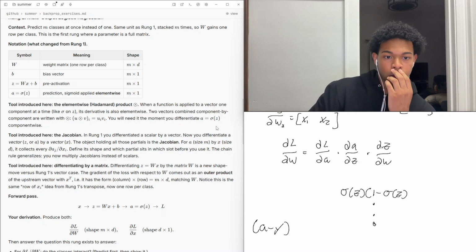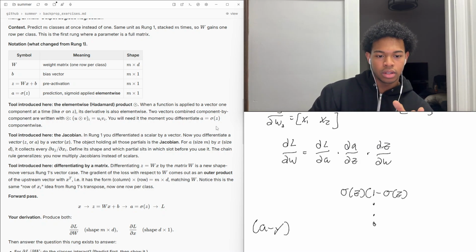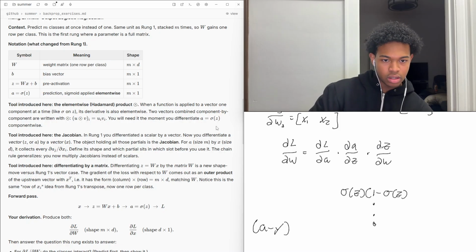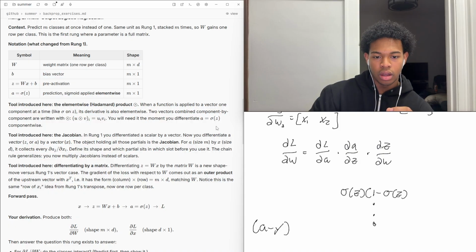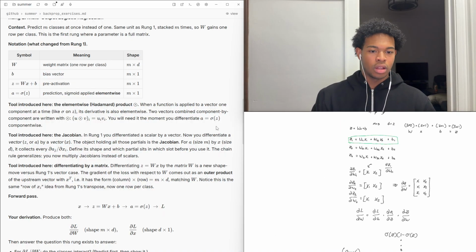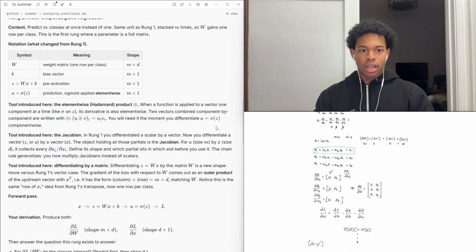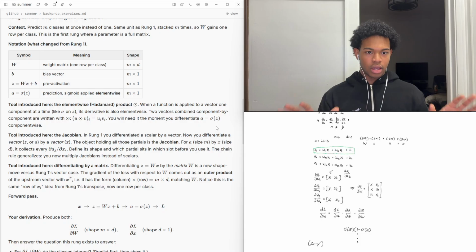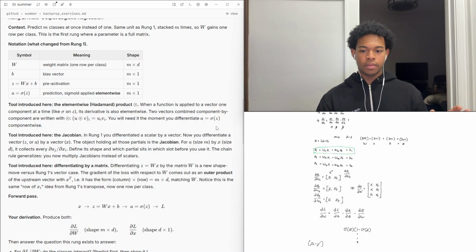Which is a scalar. So scalar times vector times matrix, and that would be L with respect to W. Okay, that's an excellent exercise. I think that connected things for me.